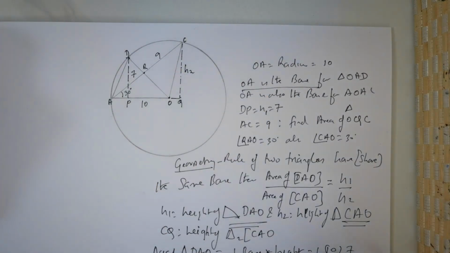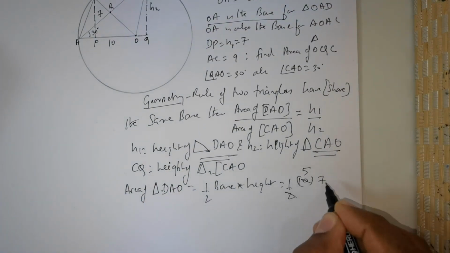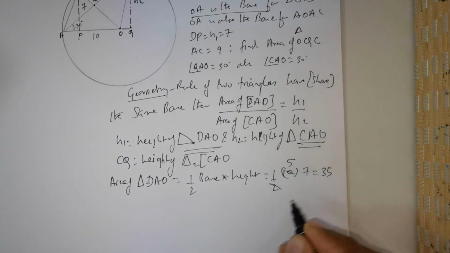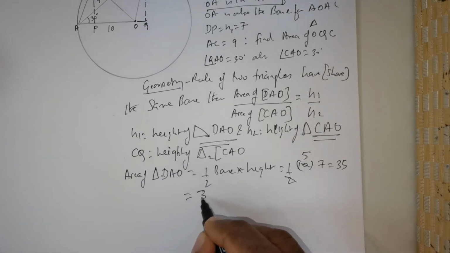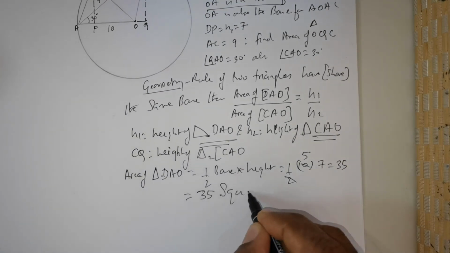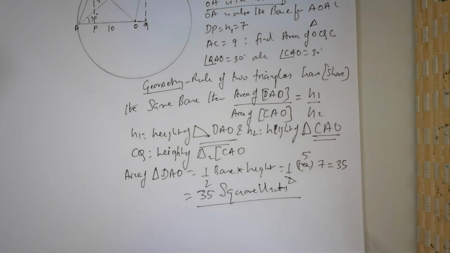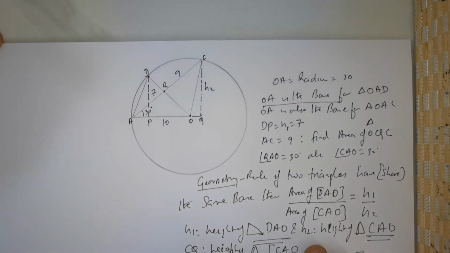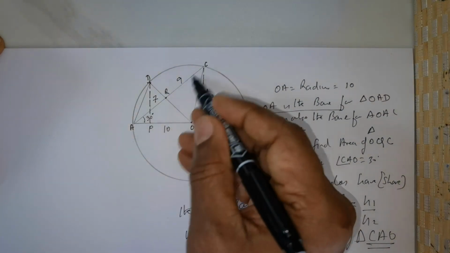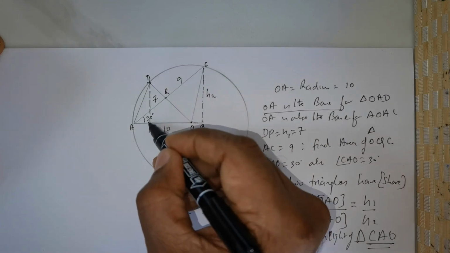That's given. So 2 into 5, this is going to be 35 square units. So area is 35 square units. So that is done.